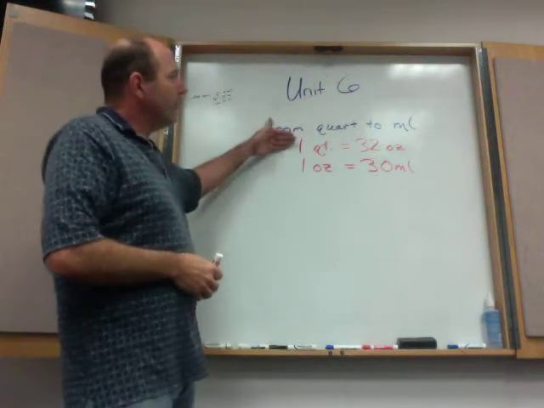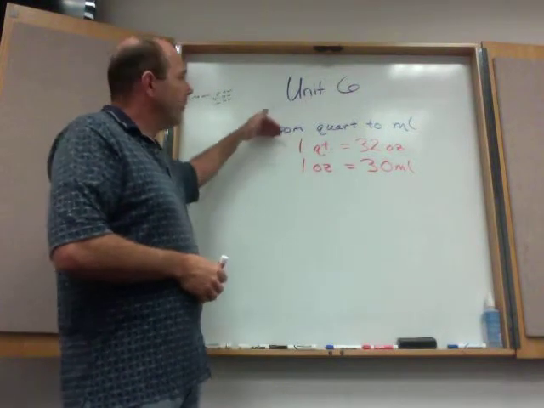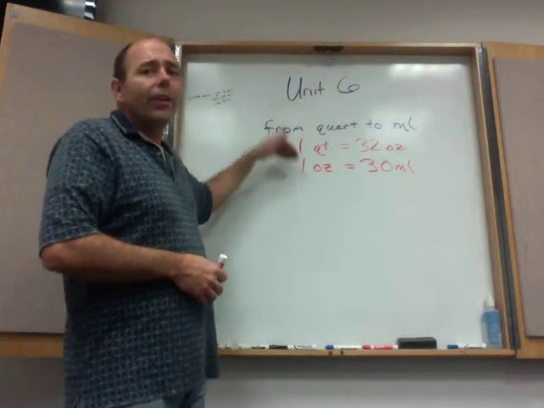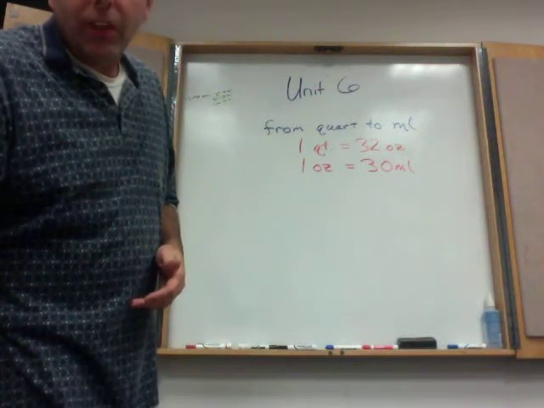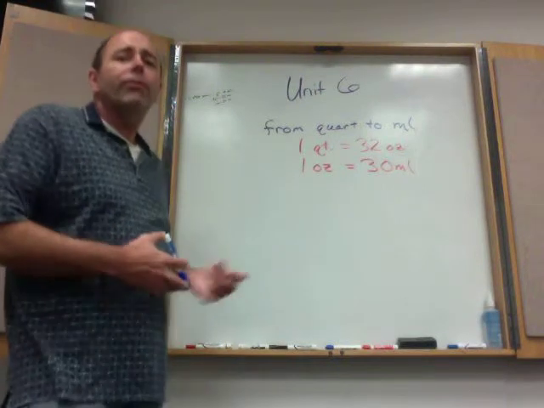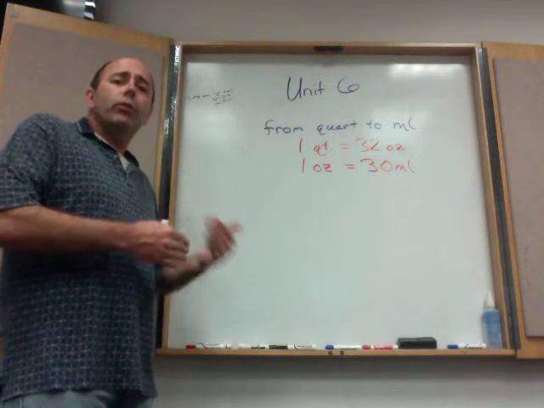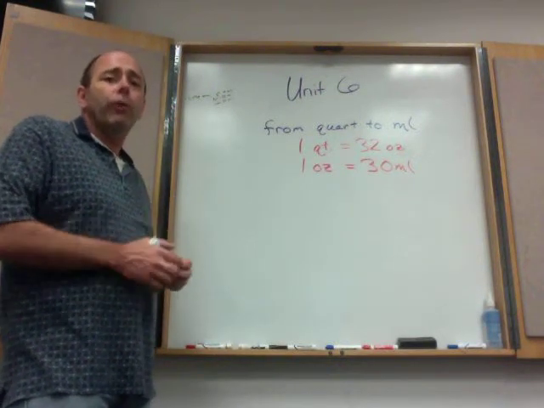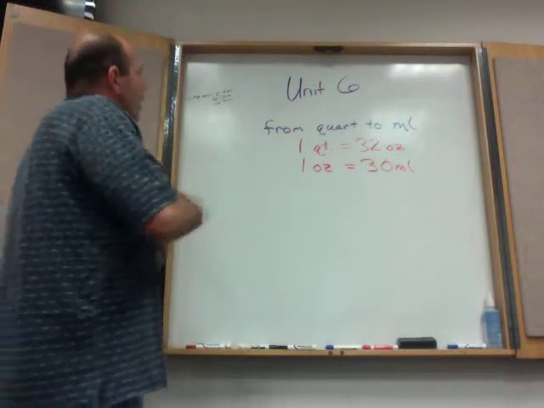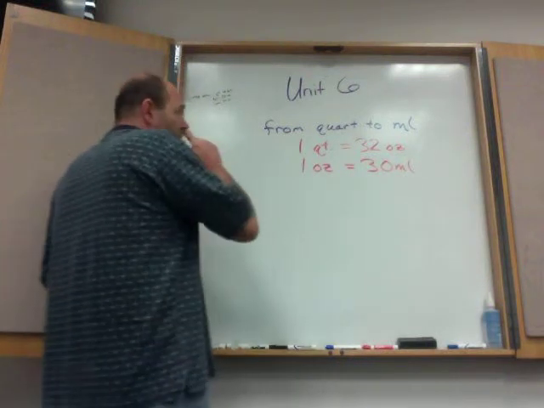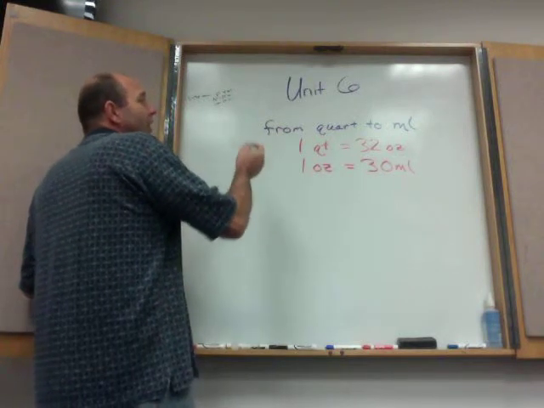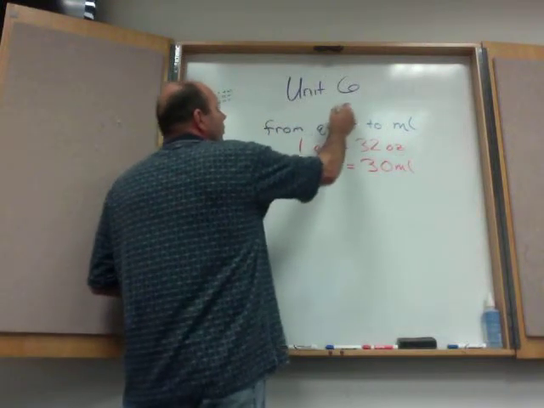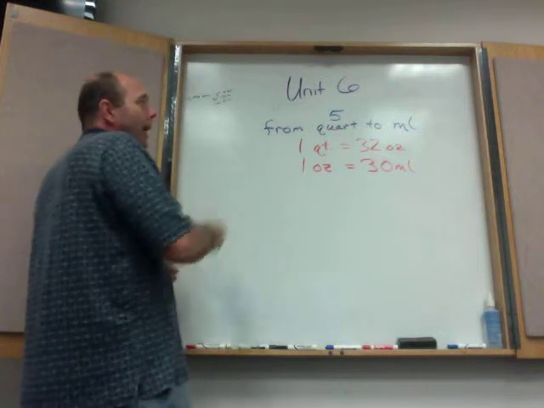So to convert from quart to milliliters, I'm going to first have to convert from quart to ounces, and then ounces to milliliters. It's the same process, so it's fairly simple and straightforward, but you have to do 2 conversions rather than just one. So if I buy, let's say, 5 quarts, how many milliliters do I have?